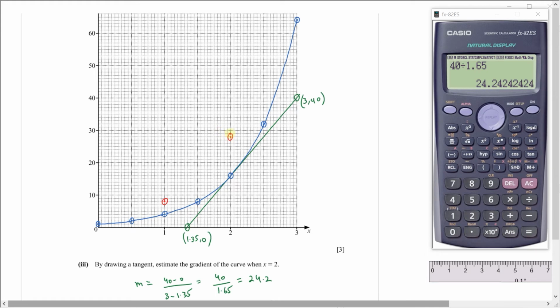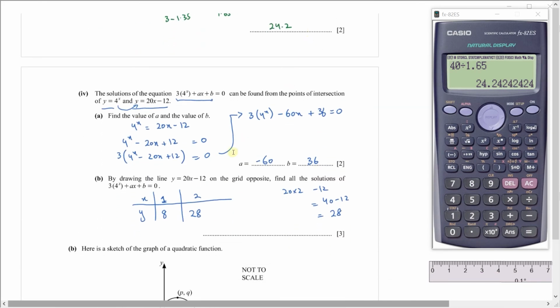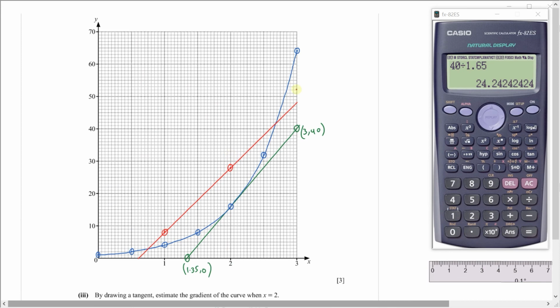Now we can join them together with a straight line to have the line for the equation that we have. So this is the line for y equals 20x minus 12.